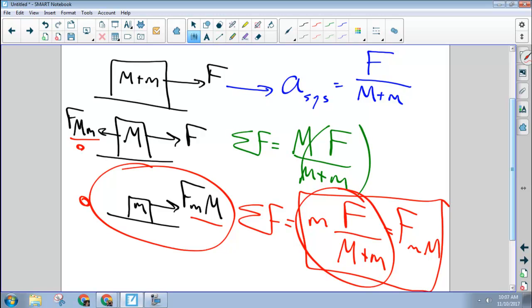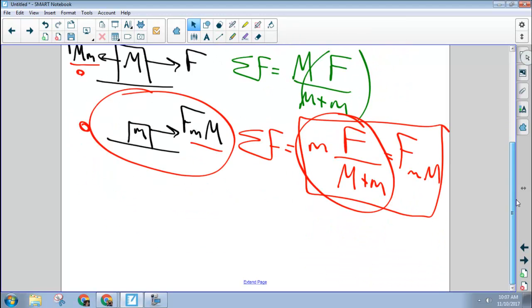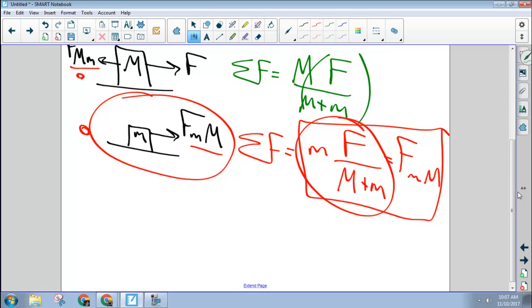Okay. Sarah, why couldn't you do the green one? You could, but the algebra gets ugly. So if you do the green one, here's what you get. All of this, you guys, is still just net force equals net force. So what Evan said was, my net force is ma, so that's capital M times F over M plus m, right?